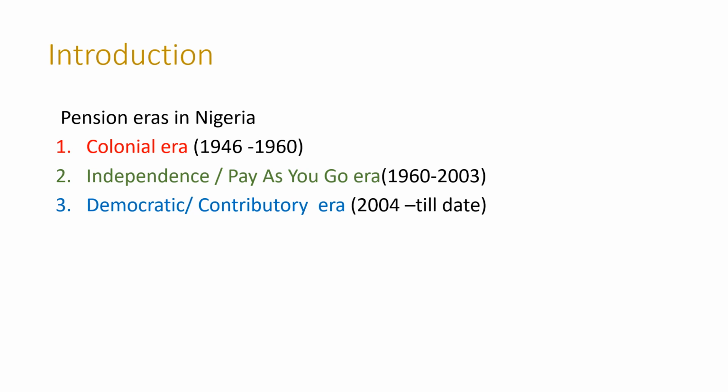The new act, which is still running to date, changed the compulsory contribution by both employees and employers from 7.5% to 8% for employees and 10% for employers. And it also brought in several unique fund types, which we will see as we move on.